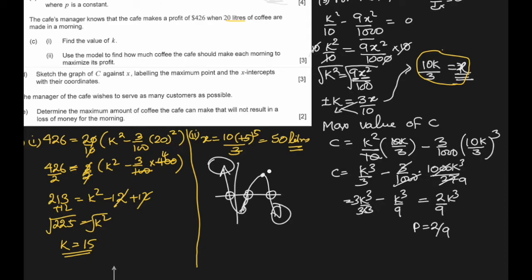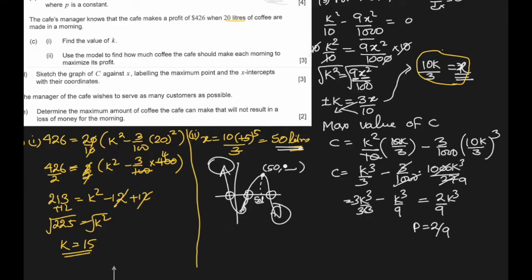And maximum we already know. The x coordinate came out to be 50 liters. He'll get maximum profit when he makes 50 liters. So let's find the y coordinate of the maximum point.